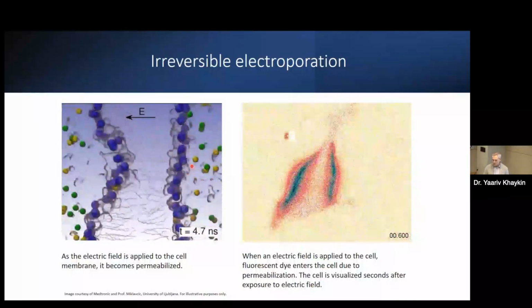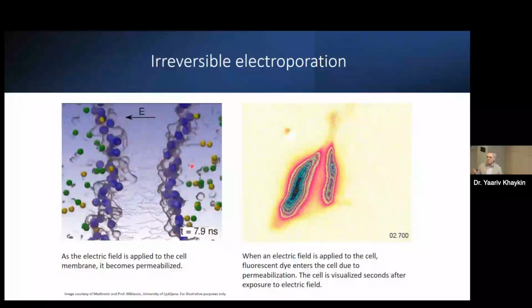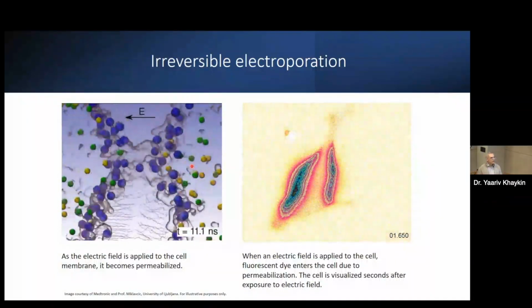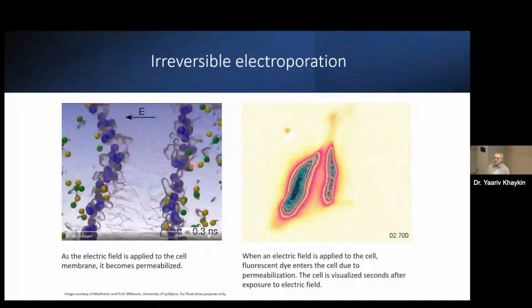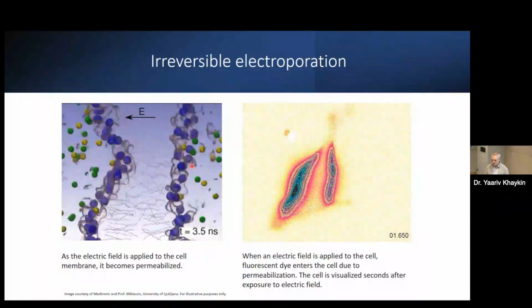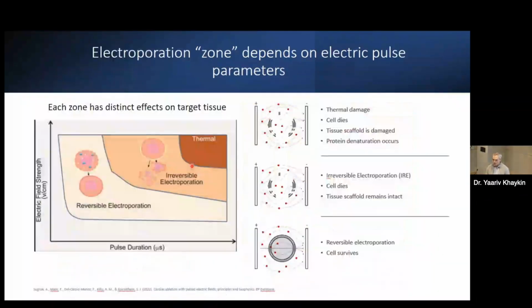In the actual tissue culture, you can put a dye in that can only light up once it enters the cell, and what that shows is, again, the field is delivered. The dye that otherwise was invisible enters the cells, and you can see the cells that are absorbing it because the current was delivered and the field opened up those pores.